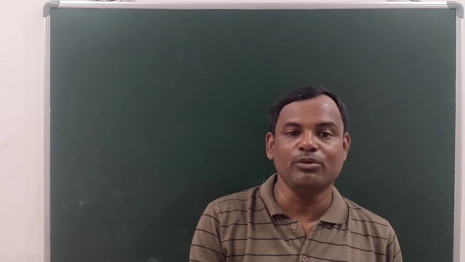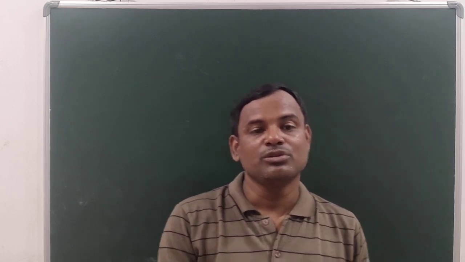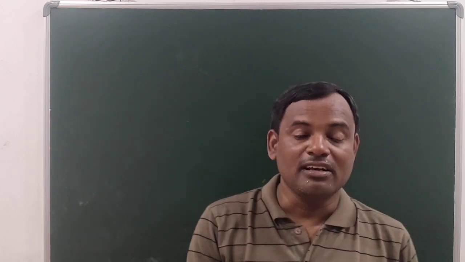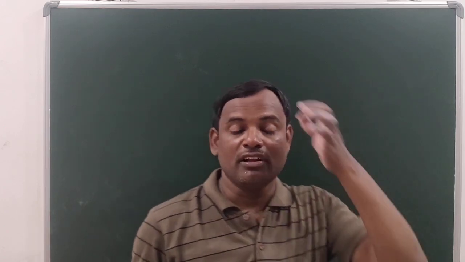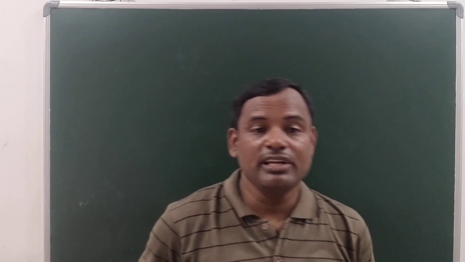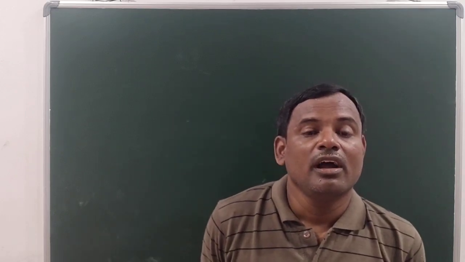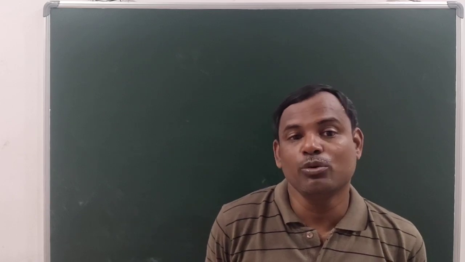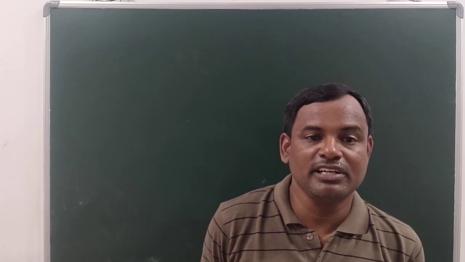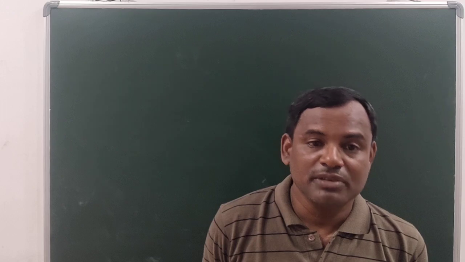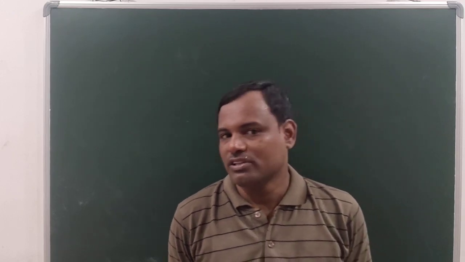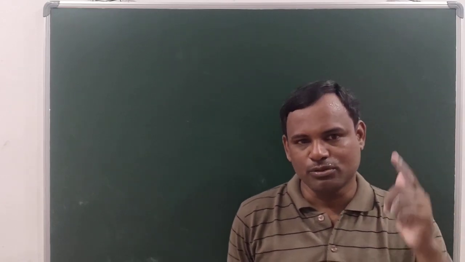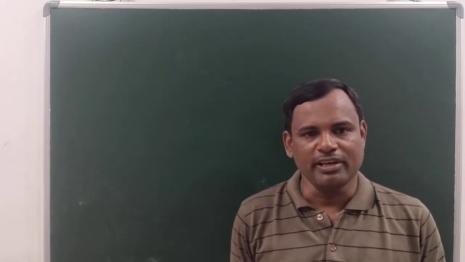Tan 15 is 2 minus root 3, which is equivalent to cot 75. And if you want cot 15, you will get 2 plus root 3, which is equivalent to tan 75. All these proofs I have given in my previous classes. Please go through them.